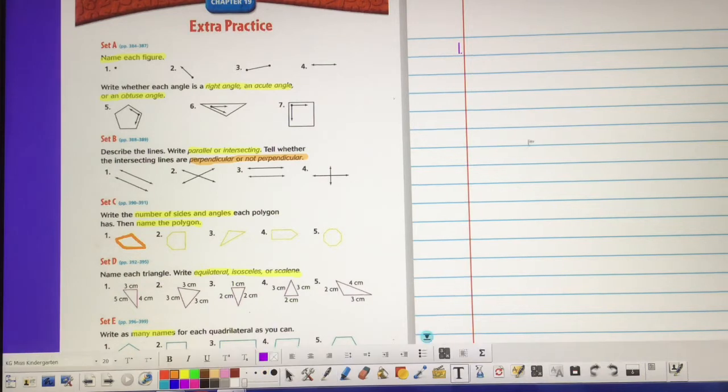So for number 1, I know there are 4 sides. Let me straighten this out for you. I have 4 sides, which means there are 4 angles. And if I go back to page 390, I'm going to see that 4 sides, 4 angles is also called a quadrilateral.